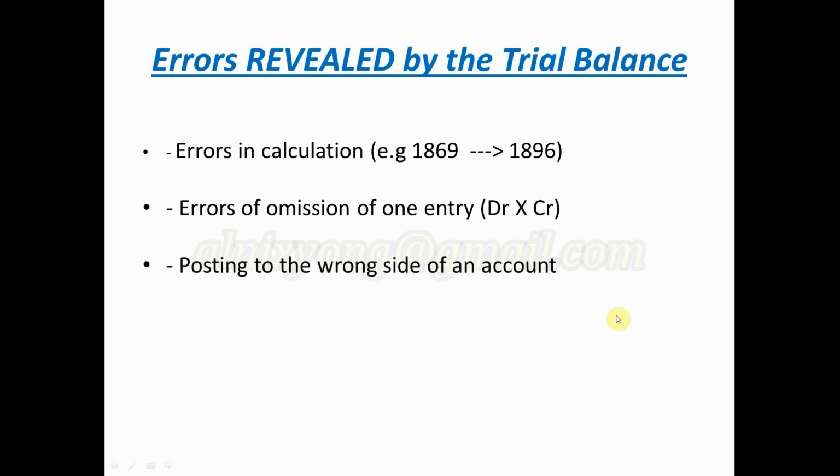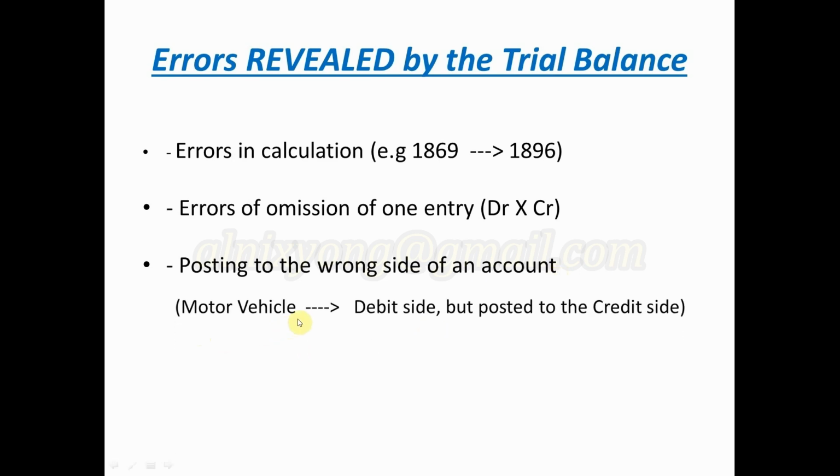Next, posting to the wrong side of an account. For example, motor vehicle is an asset. It is supposed to be keyed in to the debit side, but sometimes we overlook it and post to the credit side.